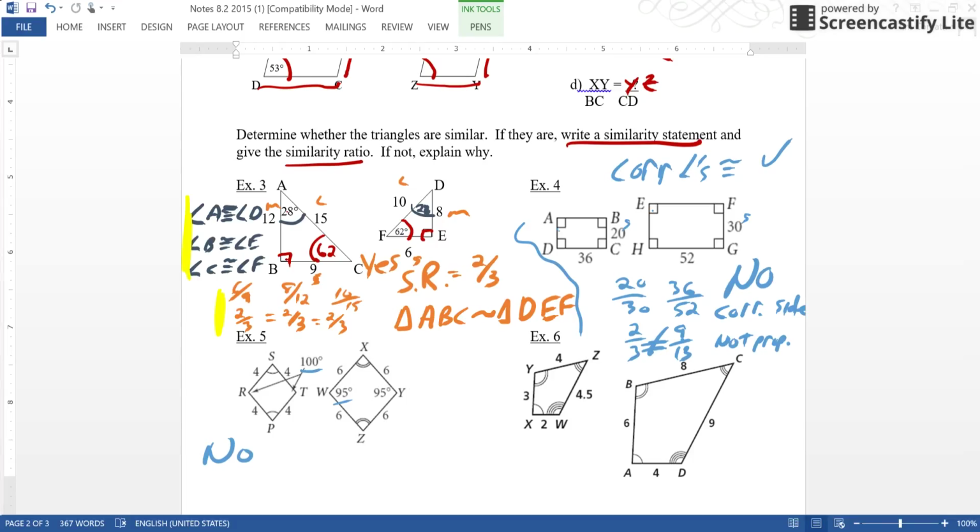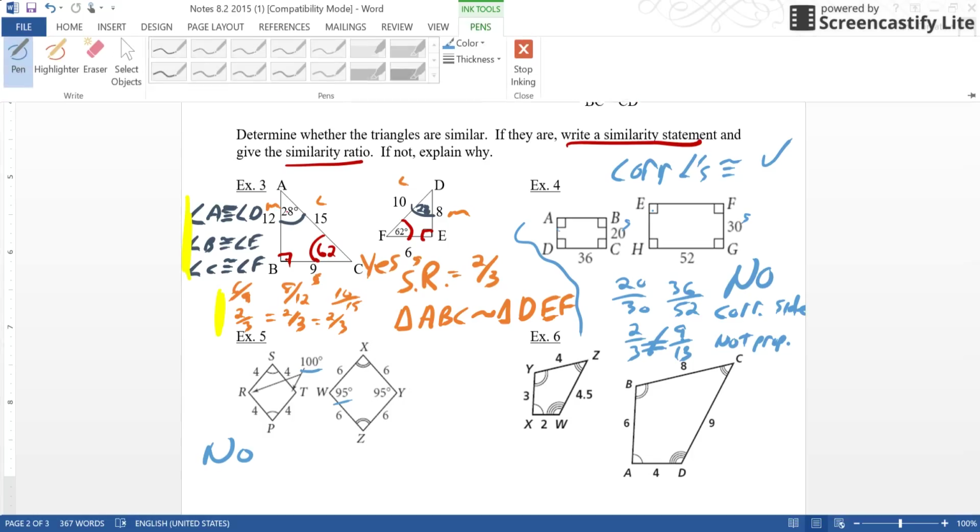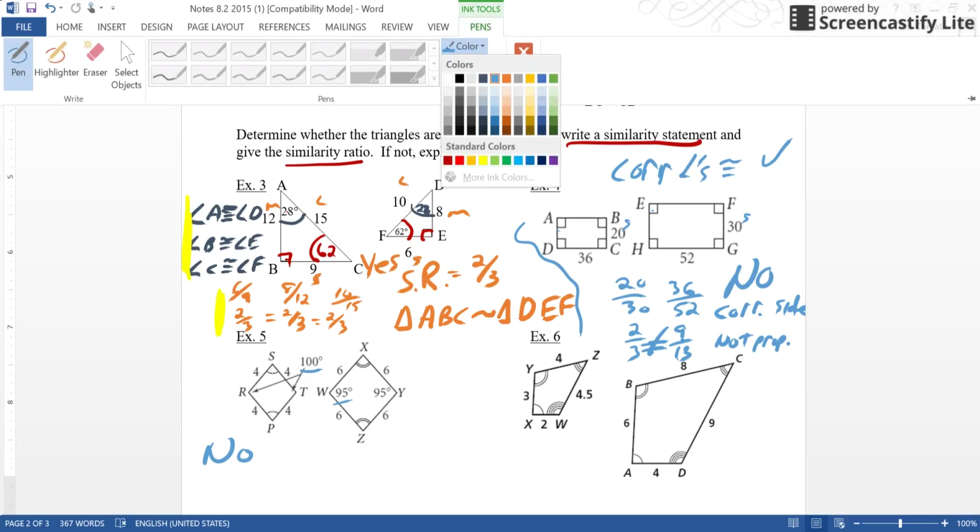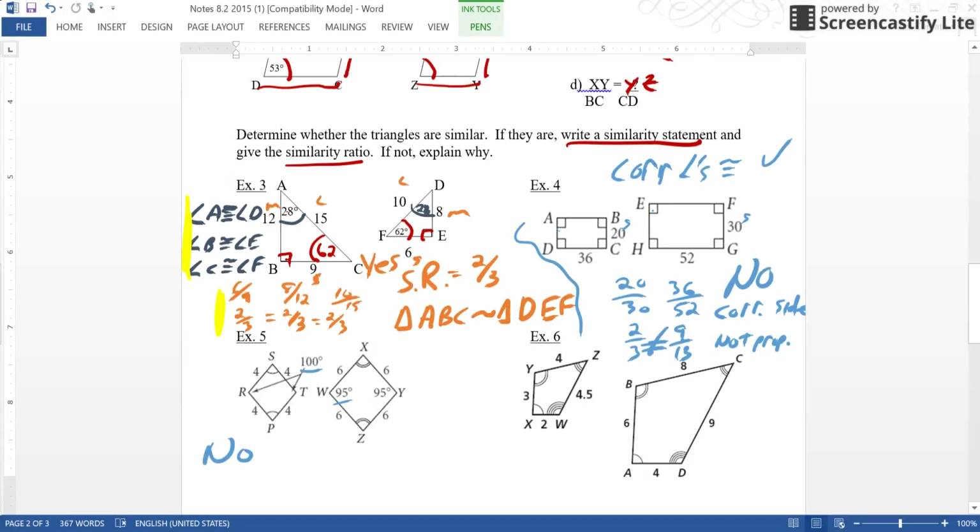Okay? Over here, the answer to this one over here, we'll do it in a different color pen. Let's try maybe green. Okay, so over here, I would say yes. And we're going to do some work, and we're going to find that the similarity ratio is going to be 1/2, and my similarity statement is going to be, whoops, not a triangle, it's just a kite.